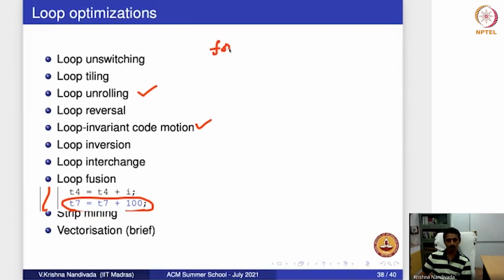Let us say I have a loop that looks like this. And in this S, the variable V is not modified, or this condition is not changing in the S. You know what I can do?